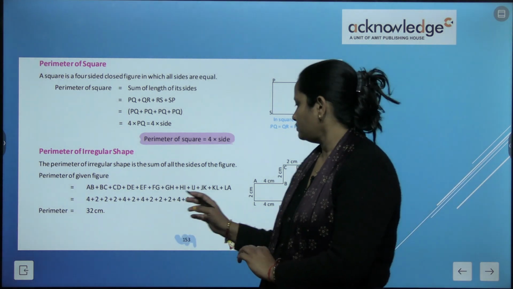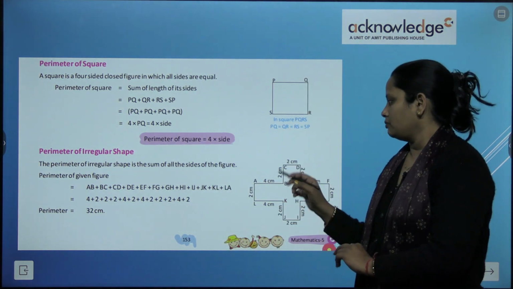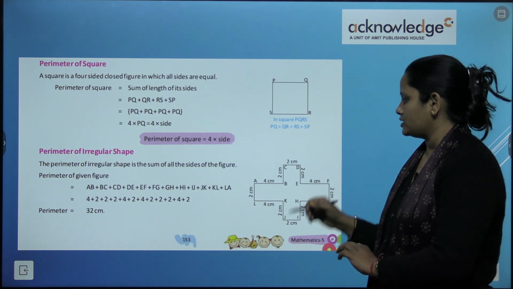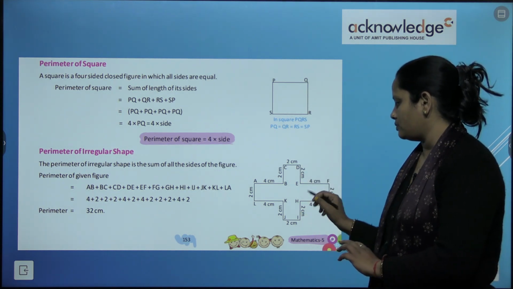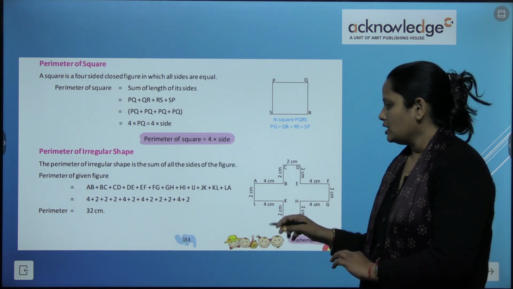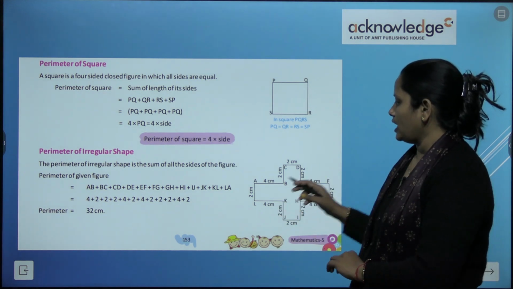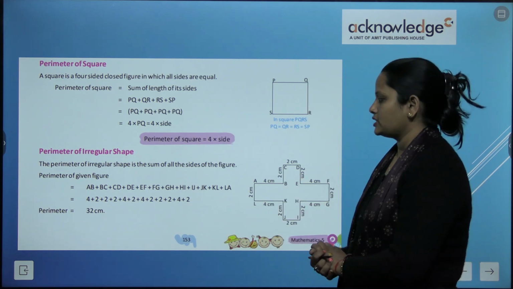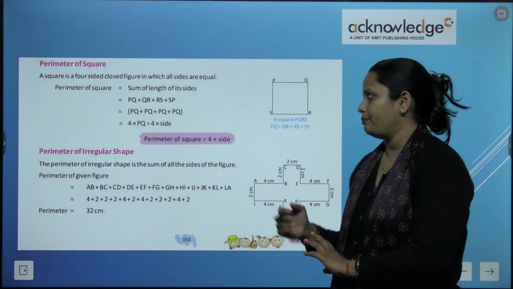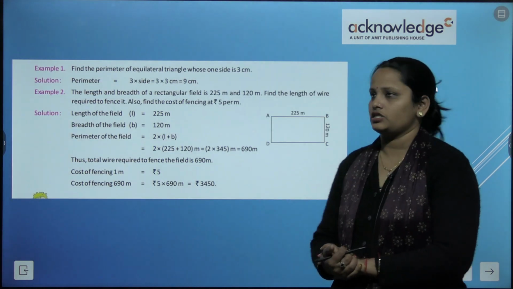So here AB, then BC, CD plus DE plus EF plus FG plus GH plus HI plus IJ plus JK plus KL plus LA. अब इन सबको हमने प्लस किया, we get 32 as the perimeter of this irregular shape.